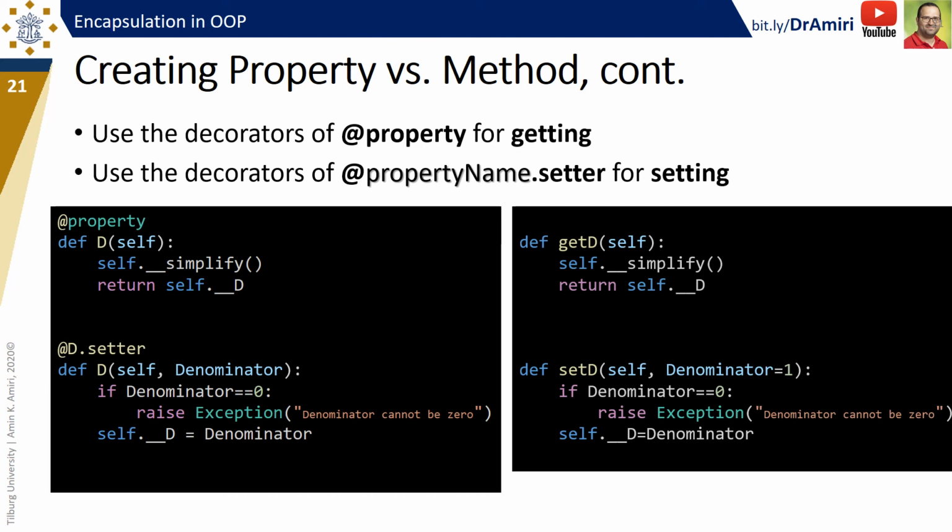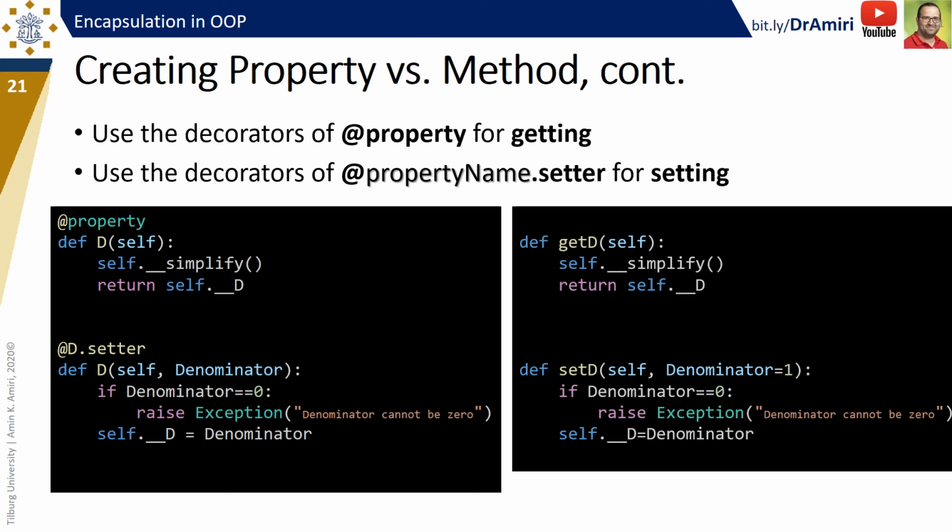Then you only need to change the signature of the getter method by simply giving it the name and adding the @property decorator right before the def keyword in the previous line. So that's how you create a getter property.